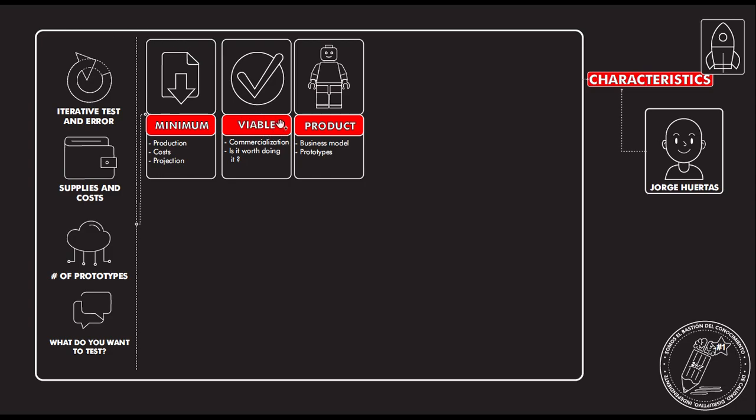It's very important that you analyze if the product and the prototype that you are testing is viable in commercialization: how many units I need to sell and at what cost. I need to know how to make that. Also, is it worth doing it?